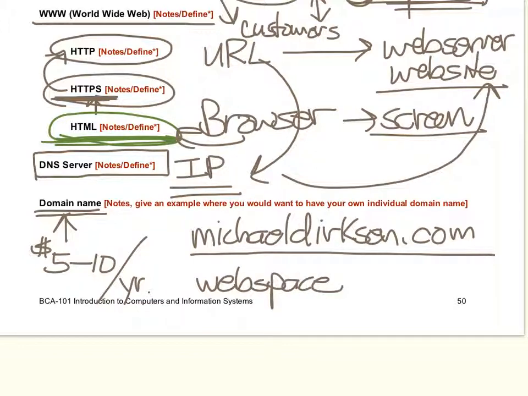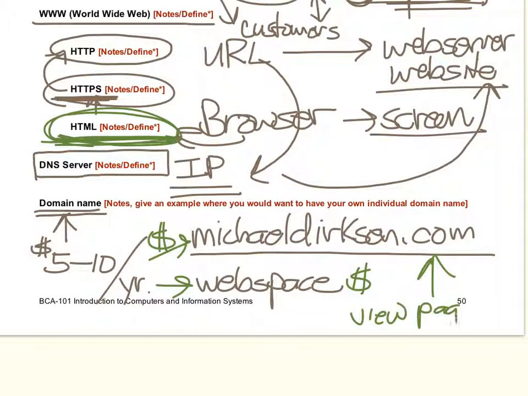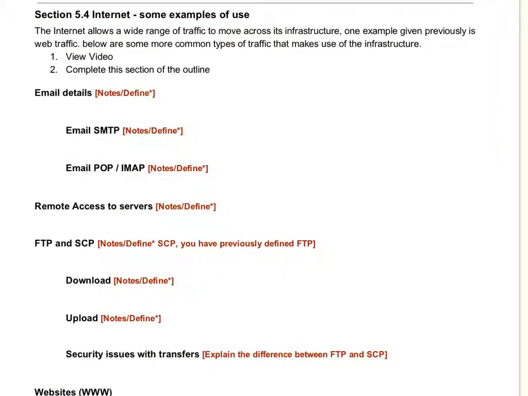I pay a certain amount per year for the domain name and a certain amount for the web space, and then I do my own HTML on the website. If you go to that, you'll see it's extremely simple. And if you did a view page source, you could see that information. Okay? And that is it.